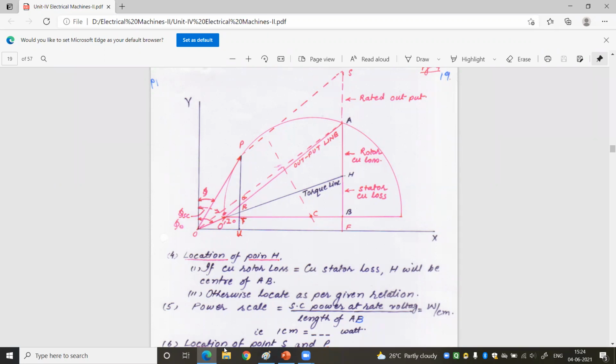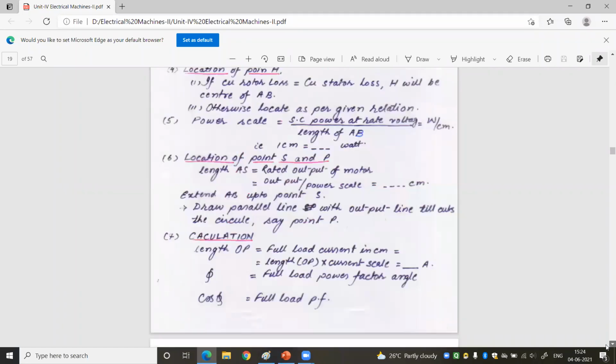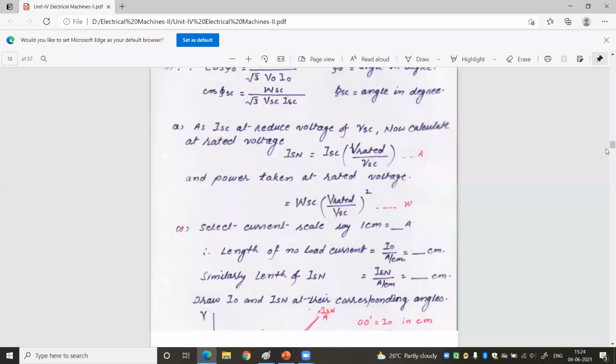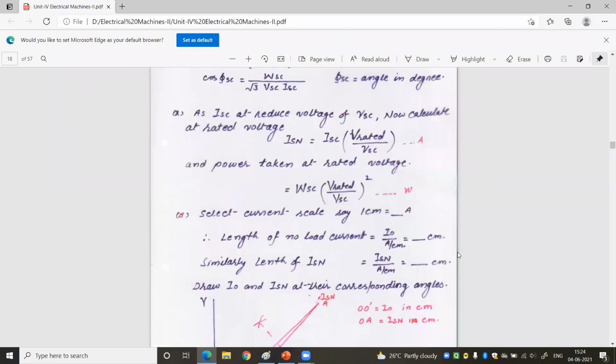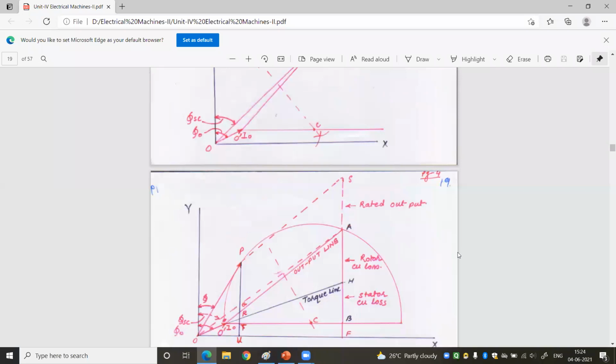The power scale is equal to the short circuit power at rated voltage, WSC, divided by the length AB, which is the full load current length. That will give the power scale. Now the location of points S and P, which I have discussed: the length AS, from point A to S, is the output.